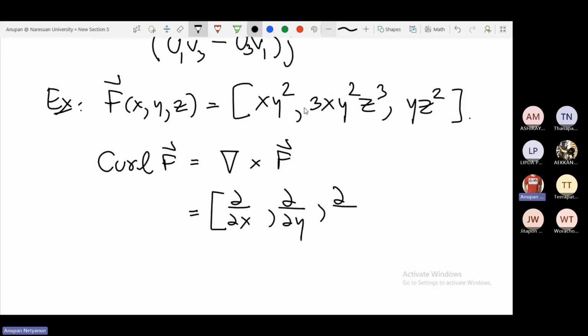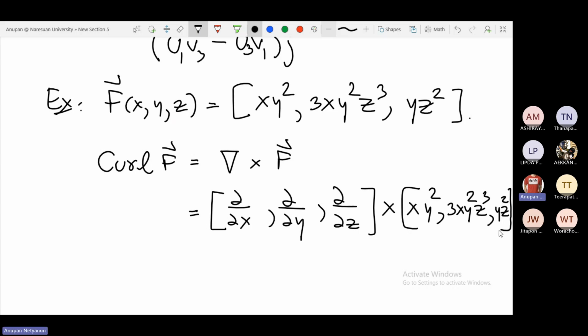Since we have three components, partial derivative with respect to z, okay? Cross with this F, right? So xy squared, 3xy squared z cubed, and then yz squared.